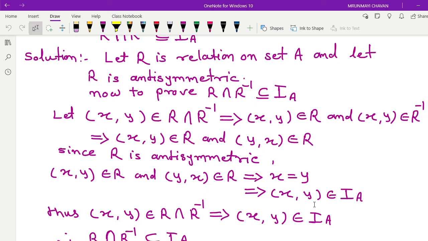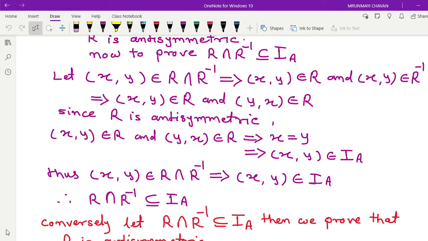So x is equal to y means xy belongs to relation IA. Thus, xy belongs to this R intersection R inverse implies that xy belongs to IA. Therefore, R intersection R inverse is subset of IA.